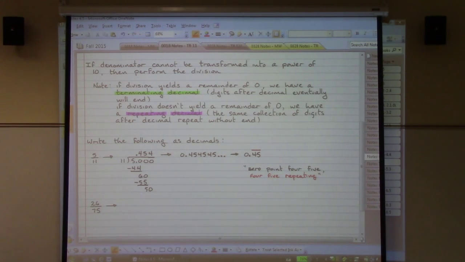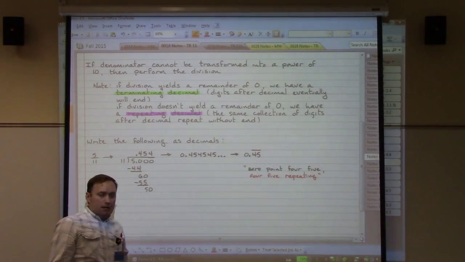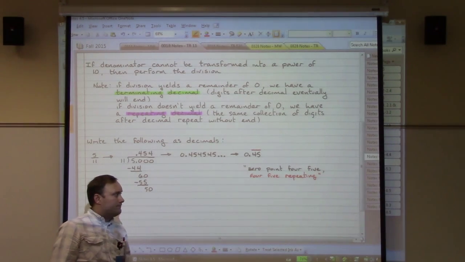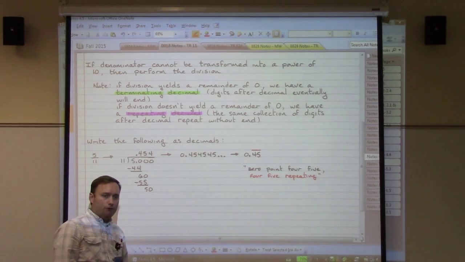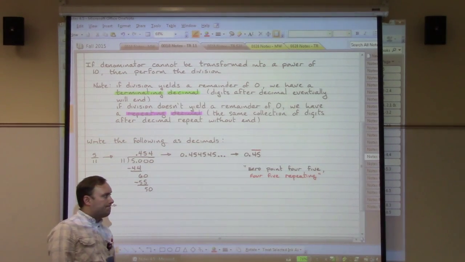So altogether, that answer we would try to read out loud and be as brief as possible. So 0.45, 45 repeating.